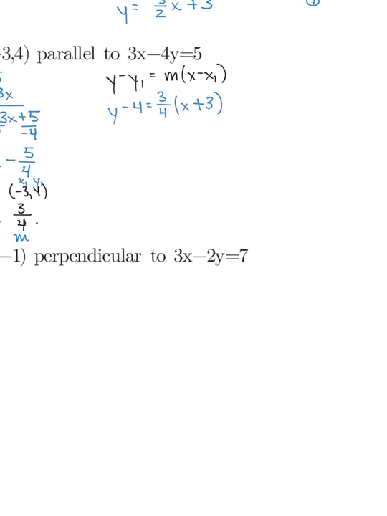Okay, so now we're back to our previous slide and we want to solve for y. So my first step is going to be distribute to clear parentheses. The left side of the equation will stay the same. We get y minus 4 equals 3/4 times x is 3/4 x.